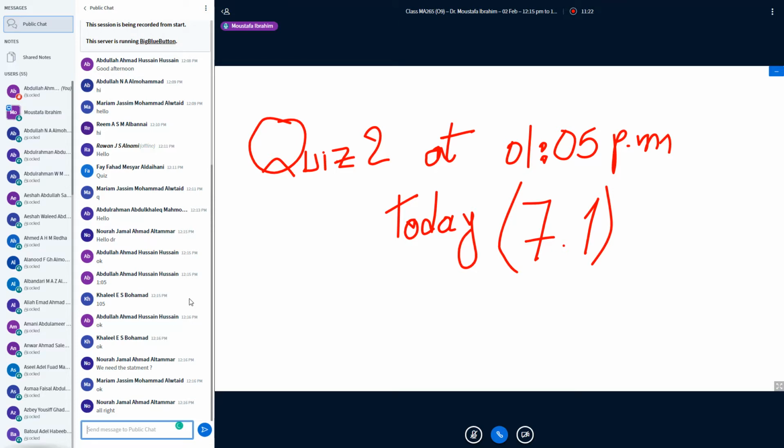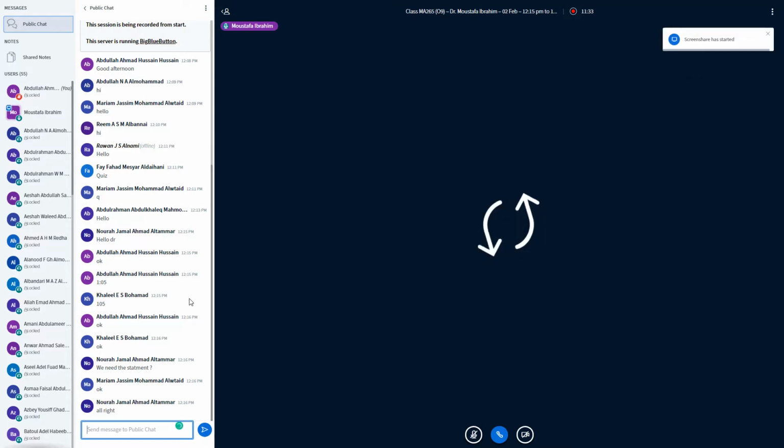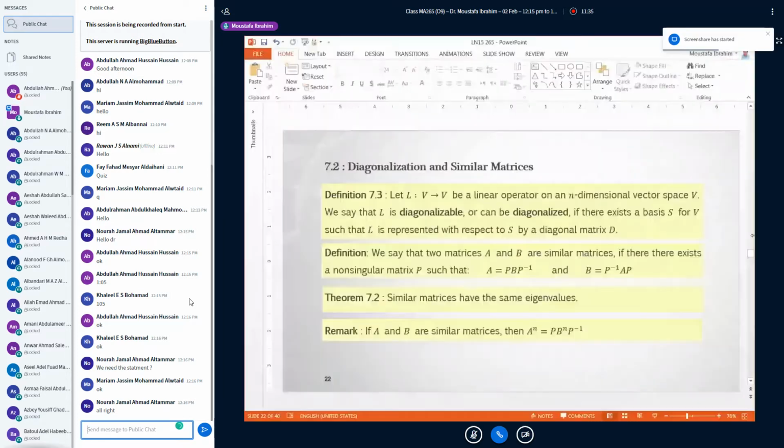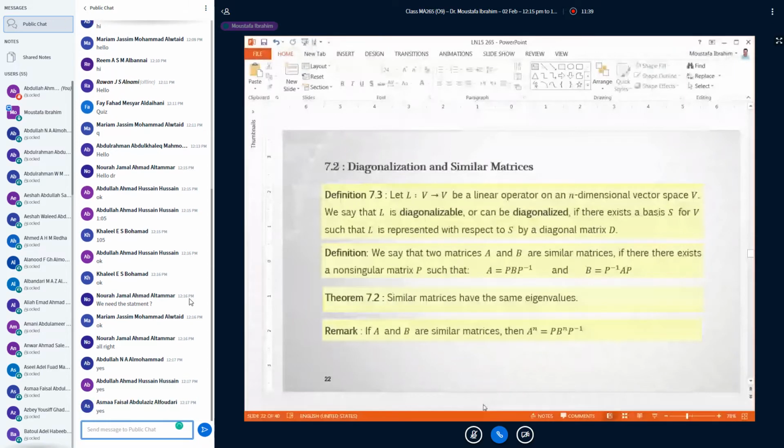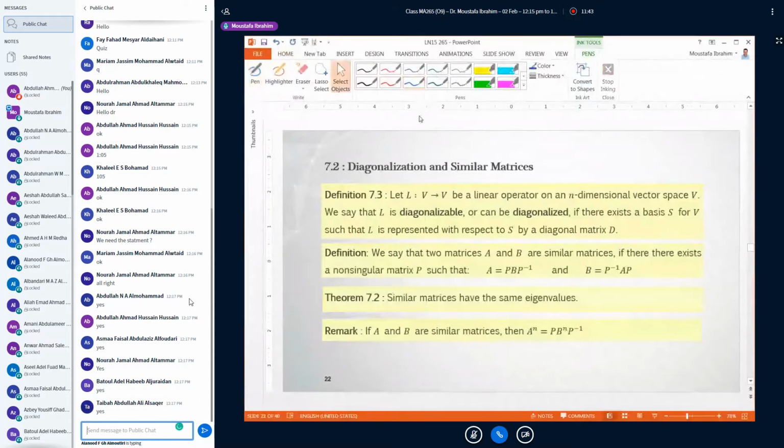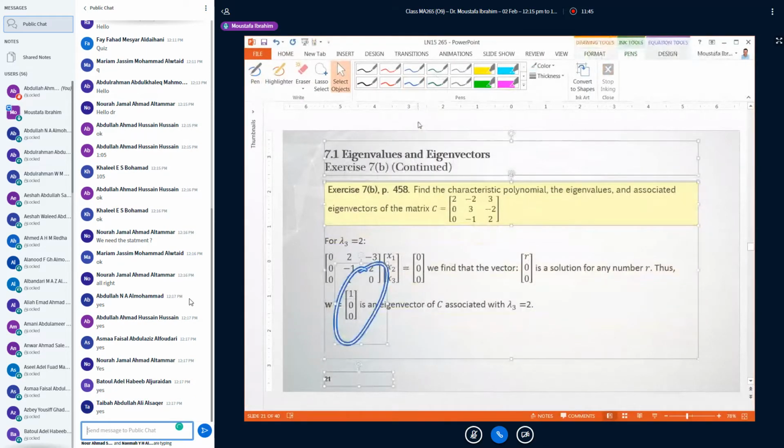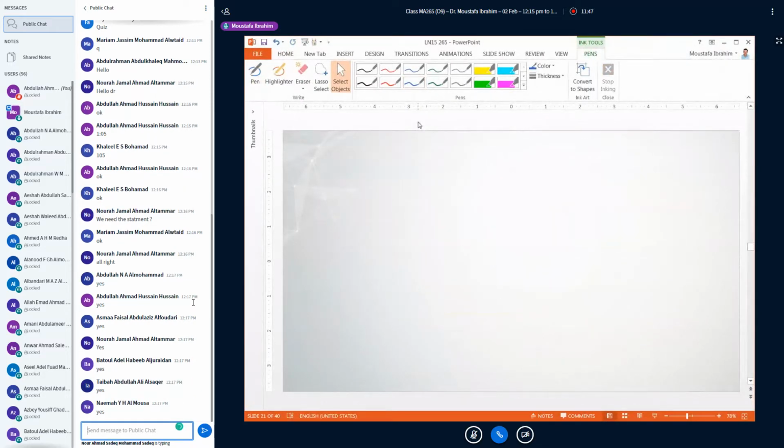So our presentation. We are done with section 7.1. You can see the presentation, guys. What we did before, we have seen how to find eigenvalues, eigenvectors, right?